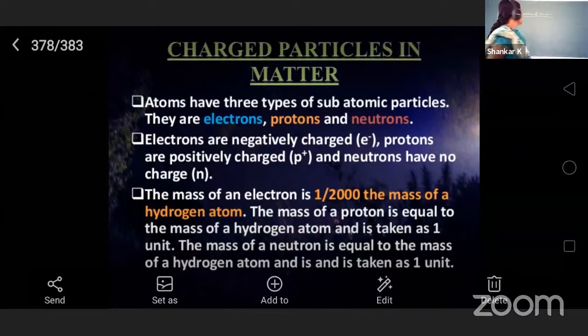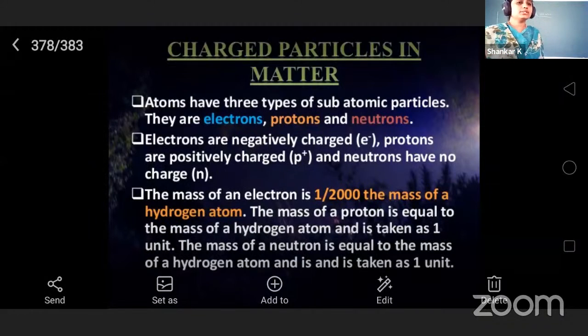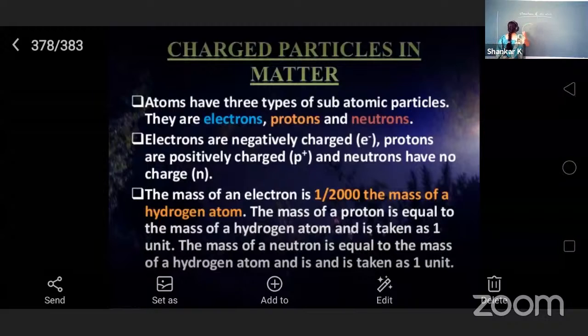What are the charged particles in matter? For example, what we have discussed of the atom. This is the structure of the atom.